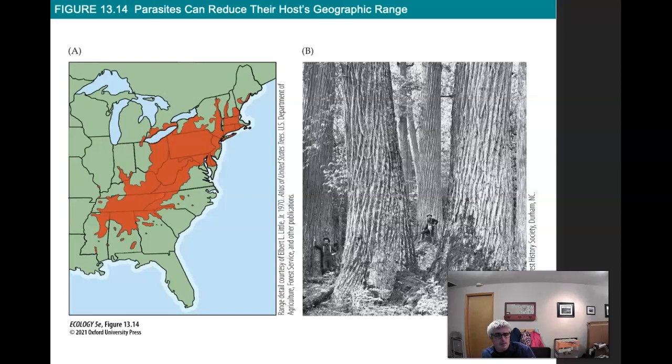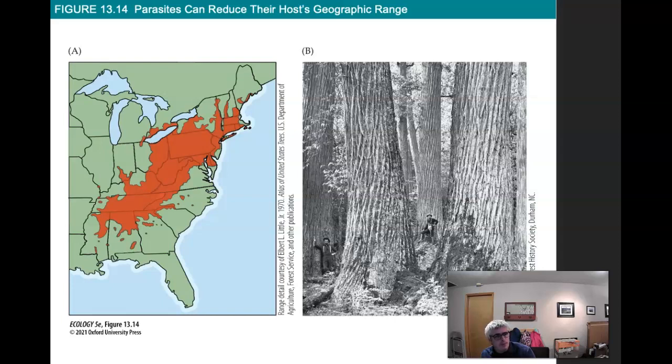There's a couple populations around. This is their historic range, and now they're down to a few stands. And there's some hope that they'll develop fungi-resistant chestnuts, but likely the patches we see just haven't been knocked out.